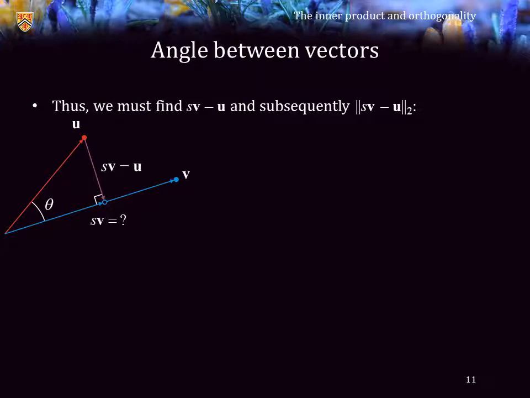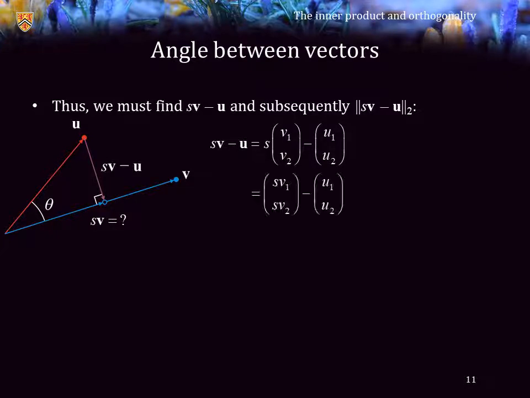Thus, we must first find s times v minus u, and then subsequently we must find the 2 norm of that difference so that we can minimize it. Well, s times v minus u is just the vector v times s minus the vector u. But the scalar multiple of the vector v by s is just s times each of the entries, and the difference of two vectors is just the difference of the entries.